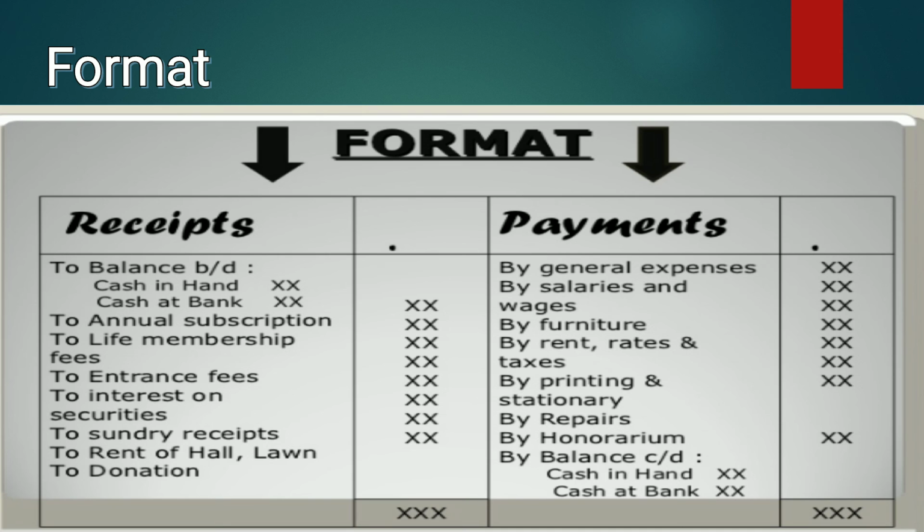Yes, so that is an income, so it will be recorded on the debit side. Yes, and also interest on securities is also an income for you. Sundry receipts, rent of hall, lawn, it is nothing but as a company you are receiving the rent. Yes, so that is an income and it has to be recorded on the debit side.